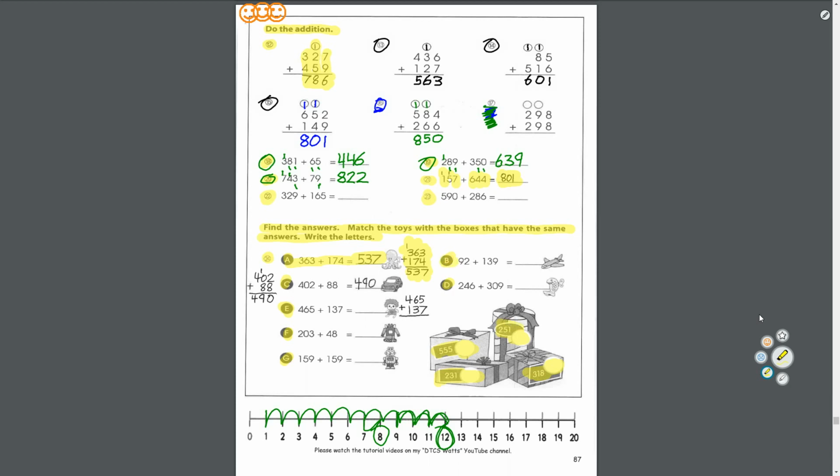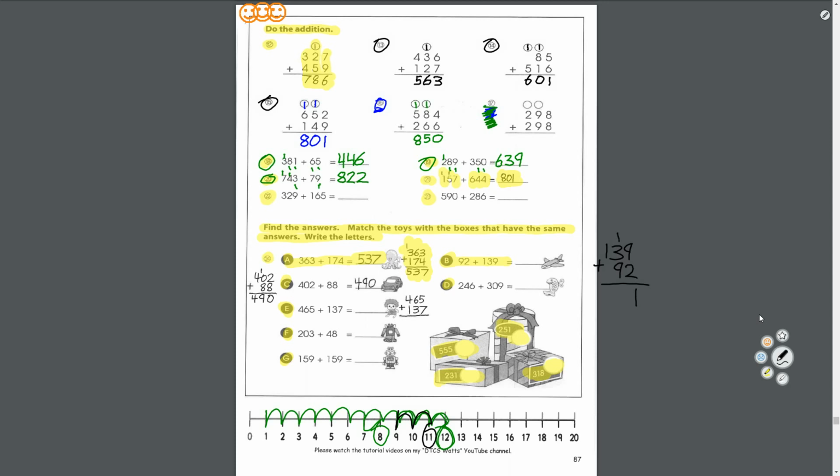B, 92 plus 139. Let's do this one up and down. And let's put the big number on top. So 139 plus 92. Make sure your numbers line up. 9 plus 2 in the ones place. 9 plus 1, 2 equals 11. 1 goes here.